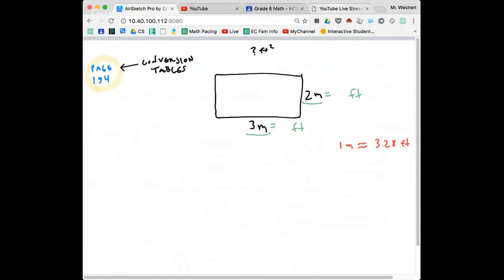Okay, so we can write it like that. We can also write it like a ratio, which is actually going to be more helpful to us, right? For every 1 meter, there are 3.28 feet, and that's helpful because now we can make a proportion using the information here. So which one do we want to convert first? Because we'll do one at a time.